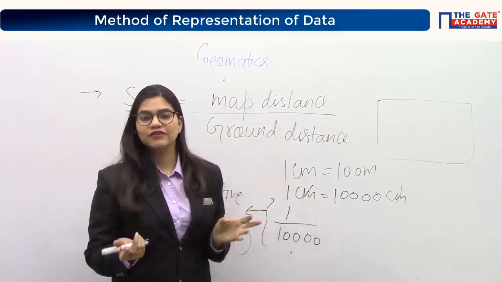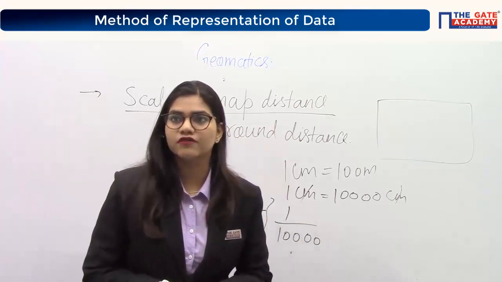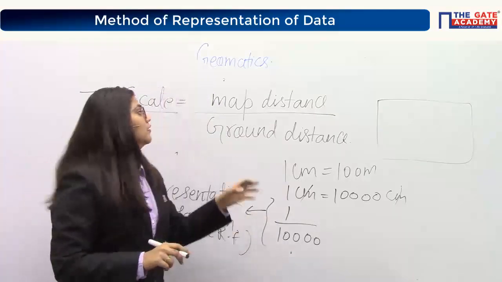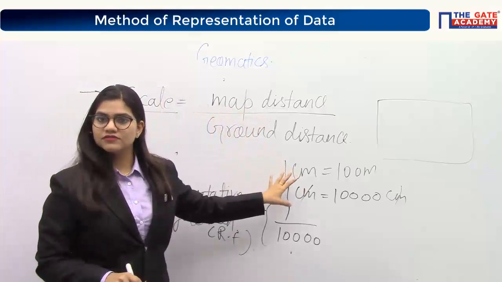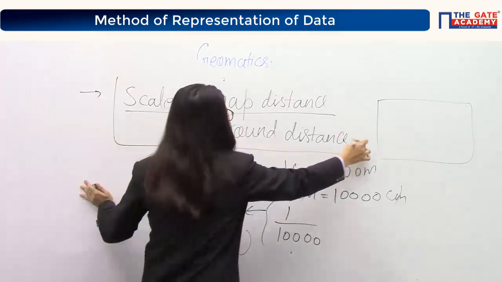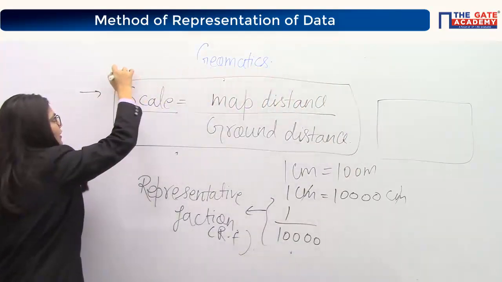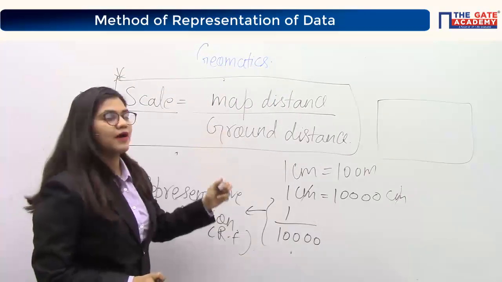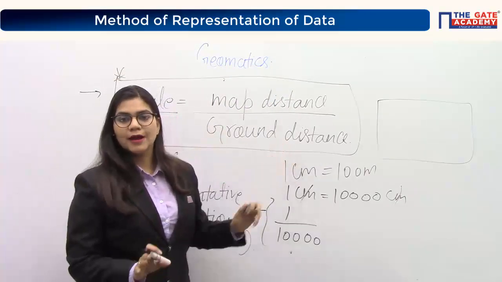Scale you represent for distance only, not for angle. Map distance by ground distance. You just remember this thing. This will help you in your aerial photography as well. Scale is nothing but your map distance by ground distance.